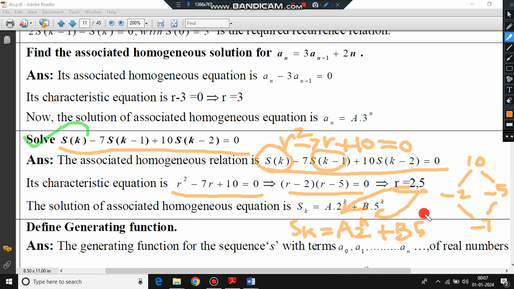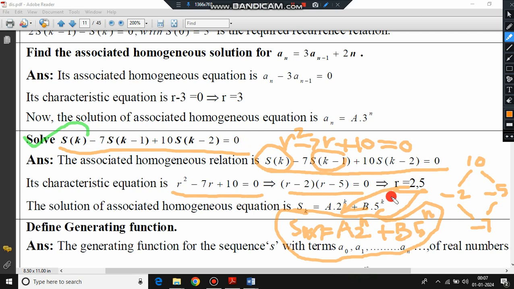So s_n equals a into 2 to the power n plus b into 5 to the power n. This is the general solution of the given recurrence relation s_k minus 7 s_(k-1) plus 10 s_(k-2) equals 0.